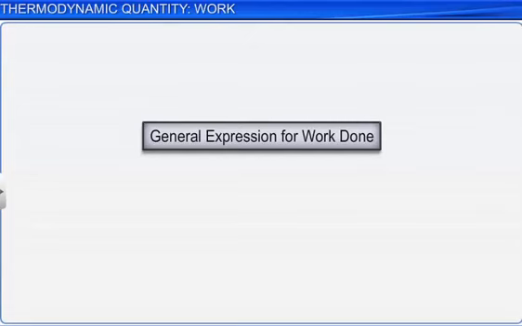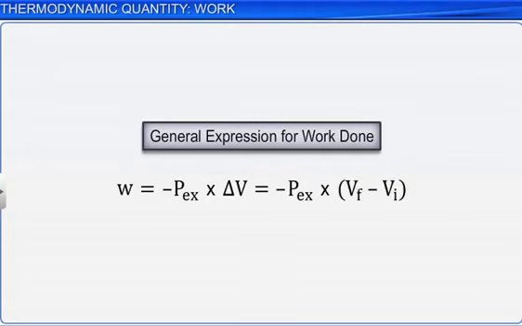Therefore, the general expression for work done is written as W equals minus external pressure Pex multiplied by change in volume delta V, which is equal to minus external pressure Pex multiplied by final volume Vf minus initial volume Vi.